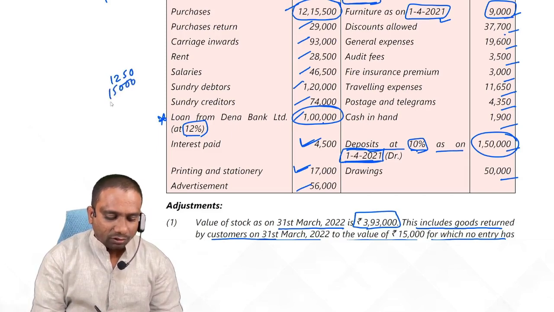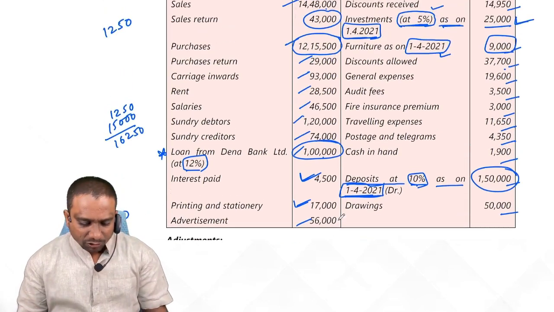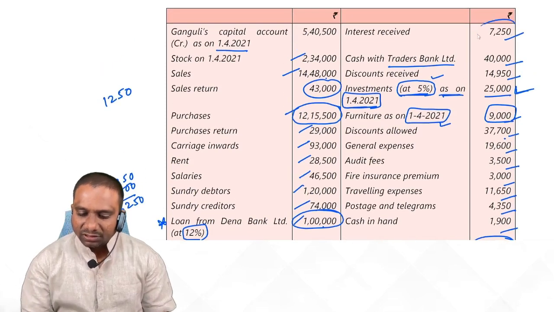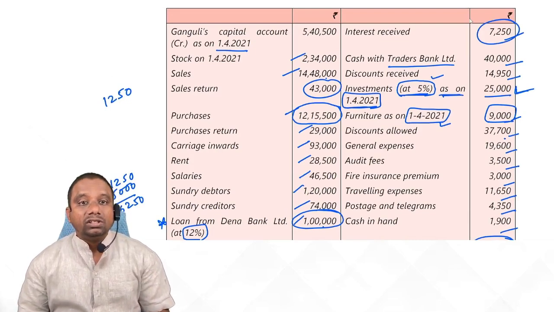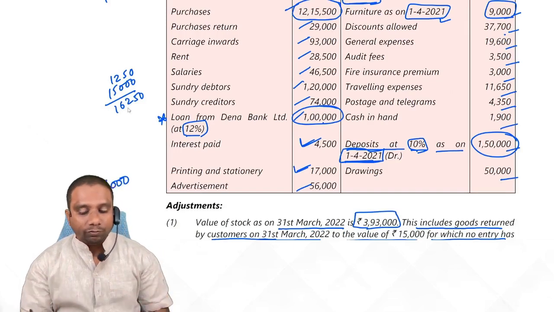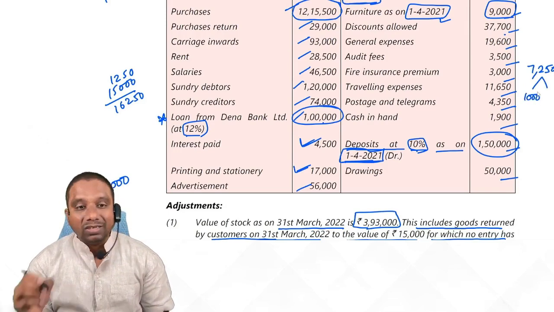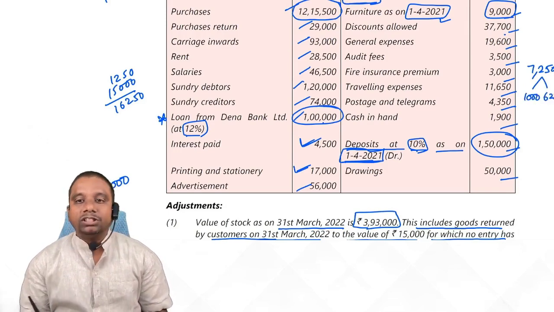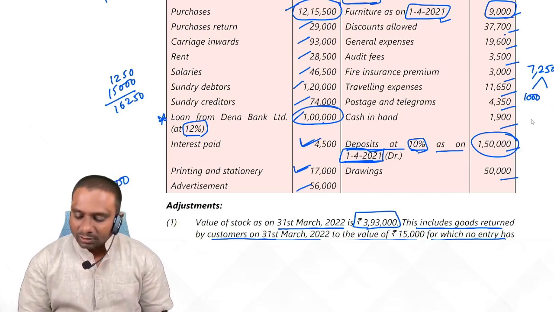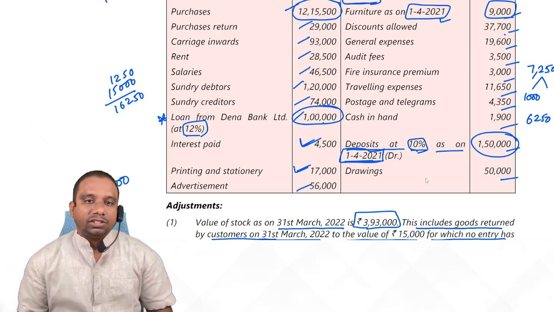1,250, 15,000. Total 16,250. But interest received, how much? Interest received is 7,250. So total interest is 16,250, but interest received 7,250. Out of these, 1,000 rupees from debtors and 6,250 rupees from deposits and investments.